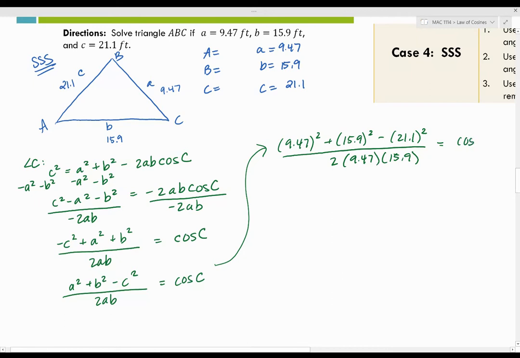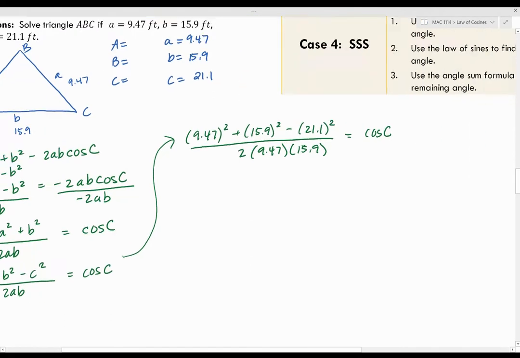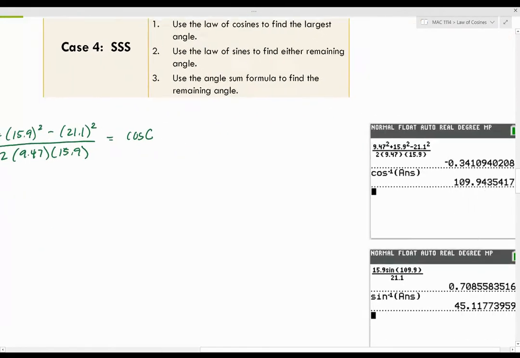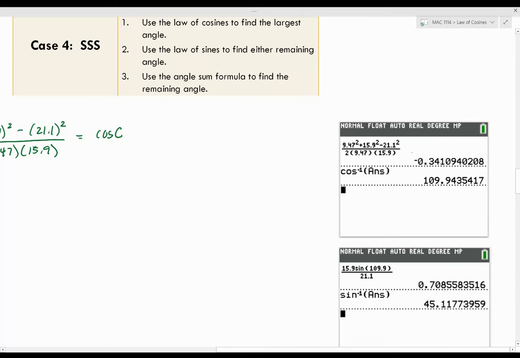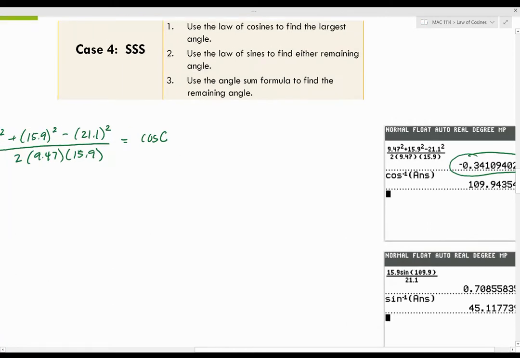And that's going to give me cosine of C. When I plug that into the calculator, I end up getting negative 0.341094.